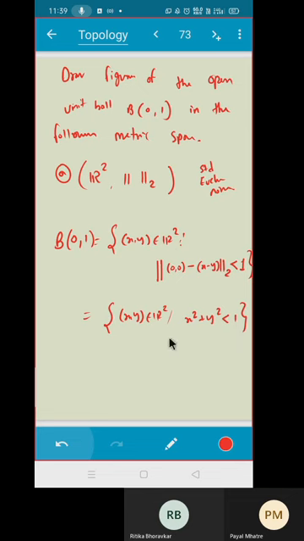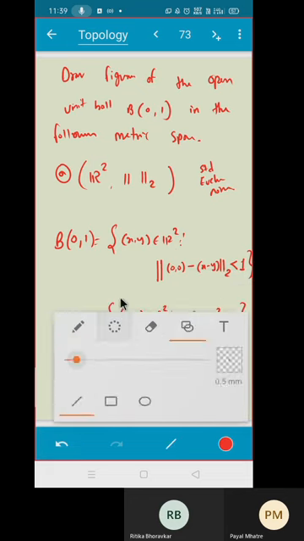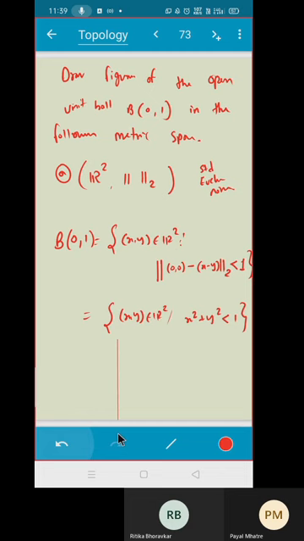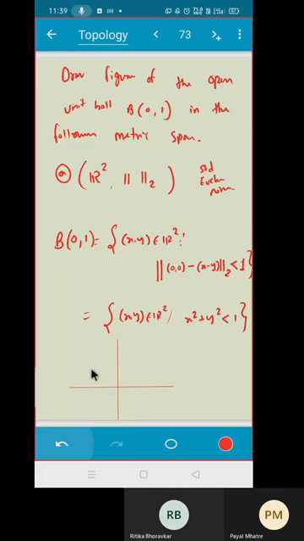Correct. And the question was to draw this unit ball. A circular region of radius 1 without the perimeter. That is, it is an open circle of radius 1, something like that. Correct?